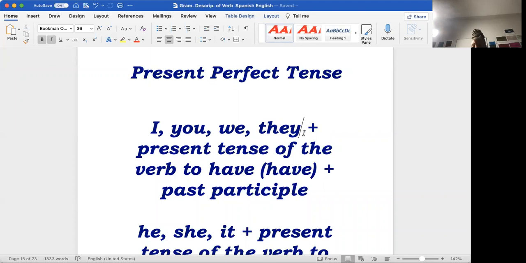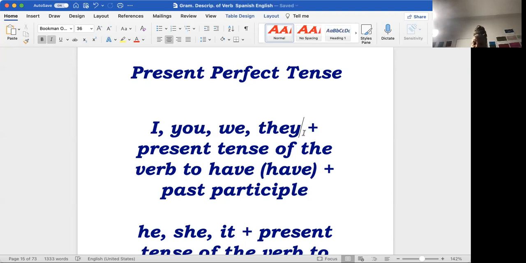Now, the present tense of the verb to have, if you're an English speaker, you should be aware that the verb to have is irregular. It's irregular in the present tense for he, she, and it. For I, you, we, they, it's not irregular. So it's I, you, we, they, the present tense of the verb to have, which is have, plus the past participle.